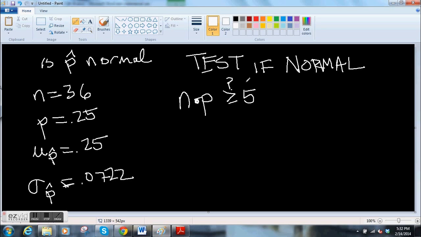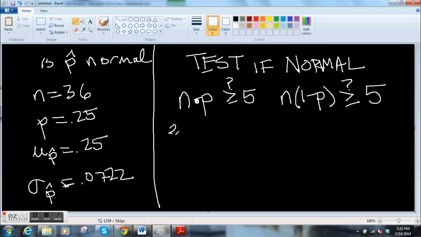And then n times 1 minus p. You want to know, is that greater than or equal to 5? So, in this case, n is 36, p is 0.25. When we multiply those together, we get 9. Huzzah, that is bigger than 5.